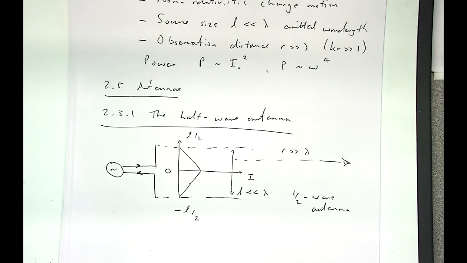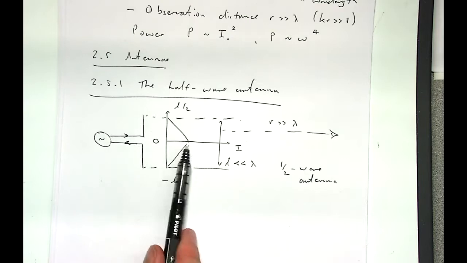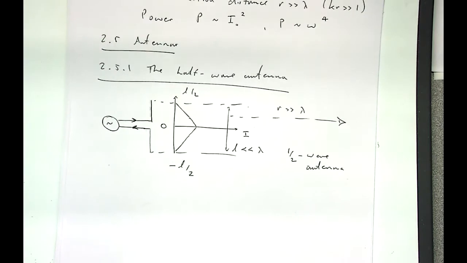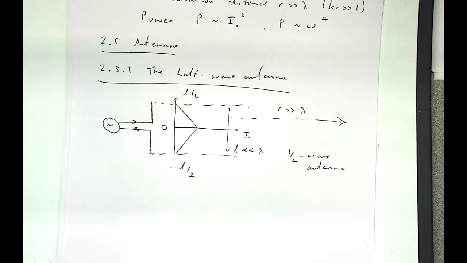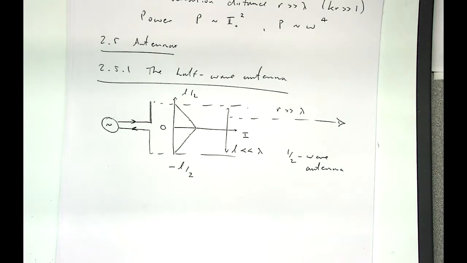But just as a very first order of magnitude estimate, as I feed current into the middle, it must fall down to zero at the ends, right? So already I have the concept that in a real antenna, the effective current matters, because this observer over here is seeing each of these individual little bits of current as a Hertzian dipole.